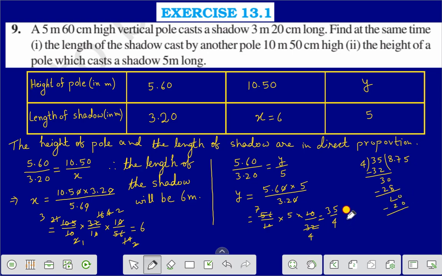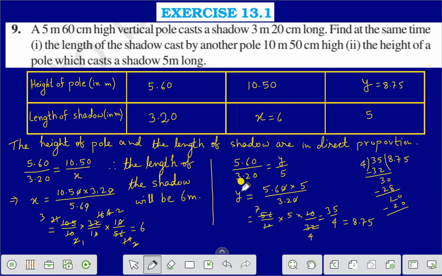Therefore the value of y is equal to 8.75 meter, right?